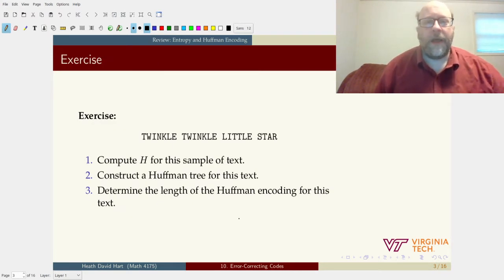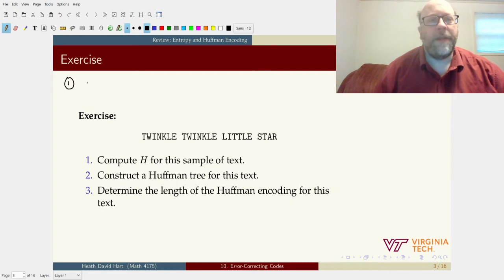So let's try an exercise here. Twinkle, twinkle, little star. Let's compute the entropy for the sampled text. We'll construct a Huffman tree for this text. Let's determine the length of that Huffman encoding. So we'll start with part 1, the entropy.